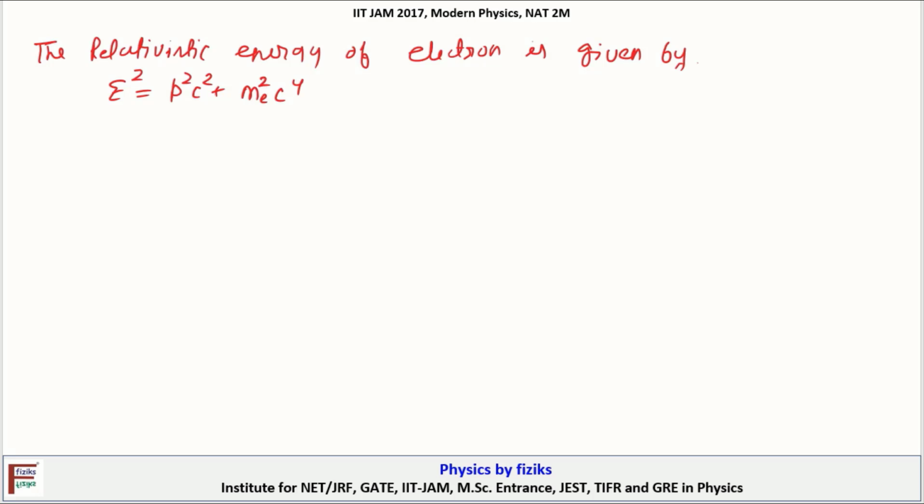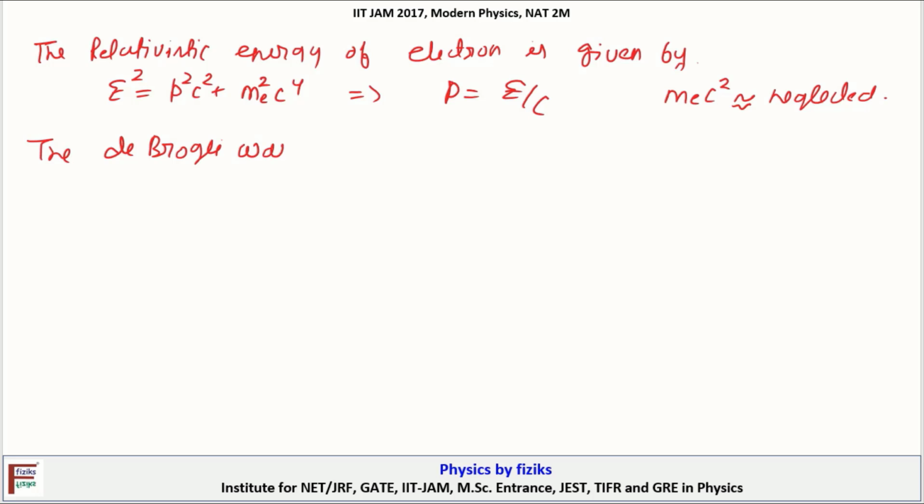So we can neglect this term, so P would be E by C, as MeC² is neglected. The de Broglie wavelength is given by λ equals h by P.